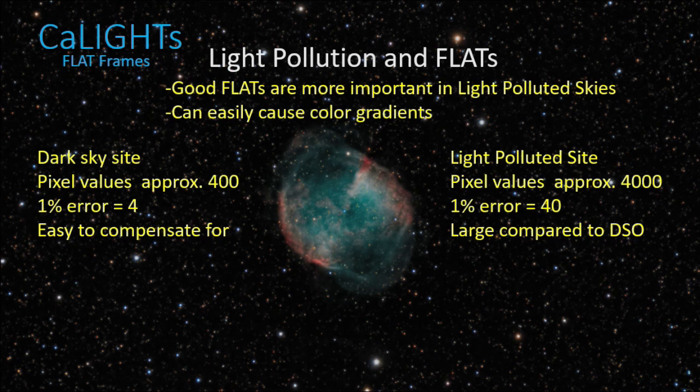A 1% error in a master flat will have a small effect because 1% of a smaller pixel value will introduce a smaller error. When imaging in light-polluted skies with the same camera settings, the pixel values will be much larger. That same 1% error in a master flat will result in a much larger error, making it hard to obtain a quality astrophoto without color gradients.